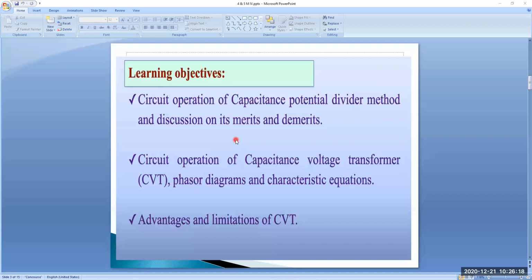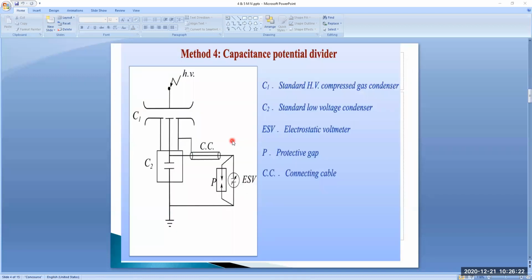Okay, so keep all the learning objectives in mind, and all of you draw this circuit diagram, the capacitance potential divider, for measurement of high impulse voltages. That means the high voltage terminal is connected to the measuring equipment, and another terminal is connected to the ground.